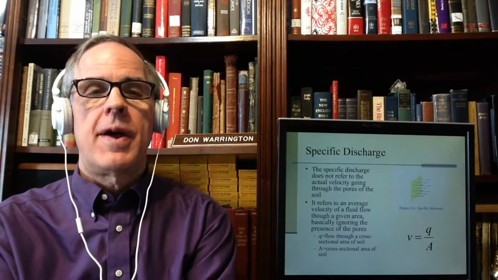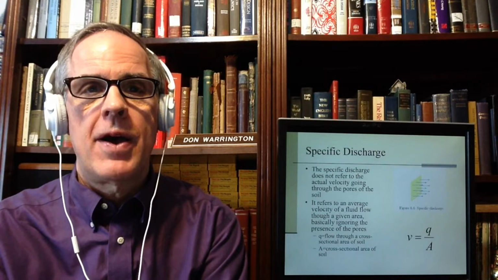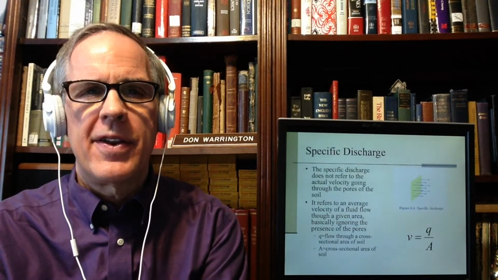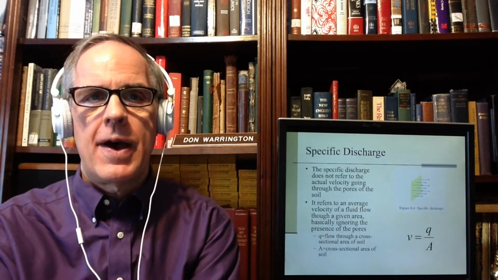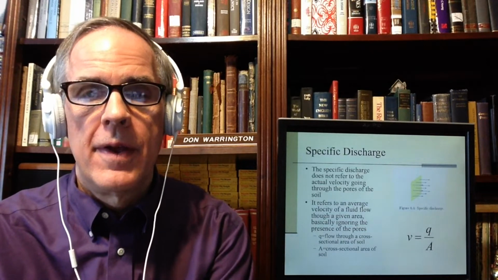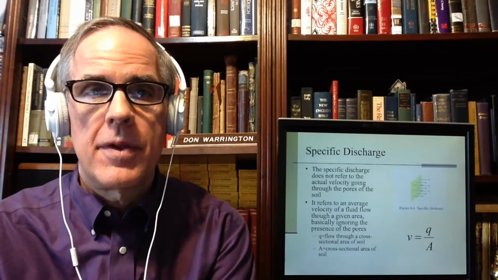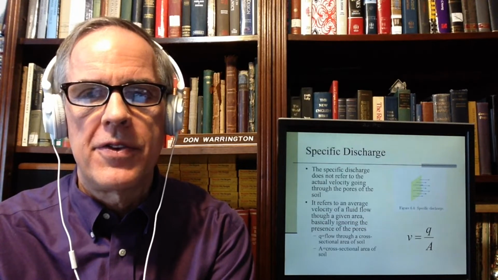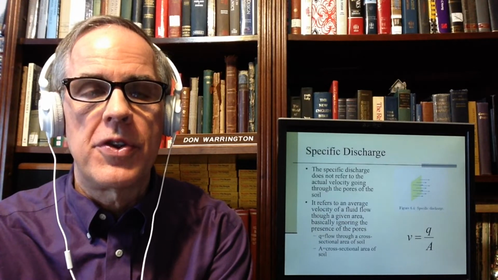But we want to talk about something called specific discharge. Through a pipe, we have flow, and then we divide flow by area to get an average velocity in the pipe or in the orifice or whatever. In the case of soils, we use specific discharge, and it's a little different. It's basically the velocity: the specific discharge is equal to Q over area.